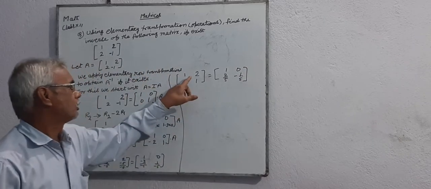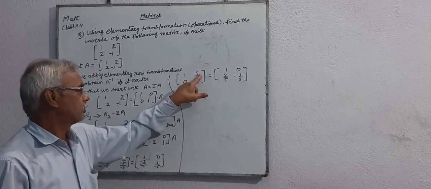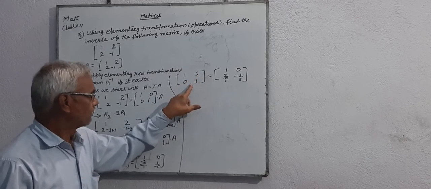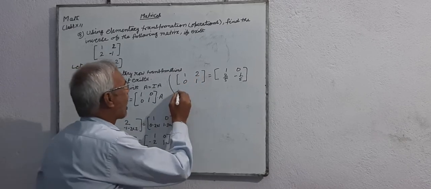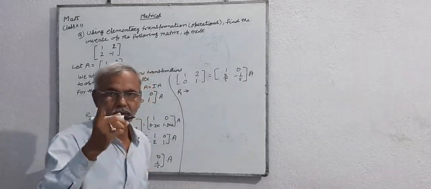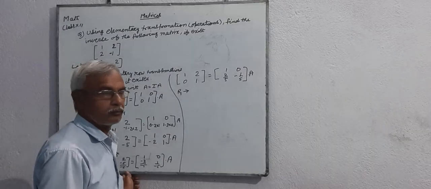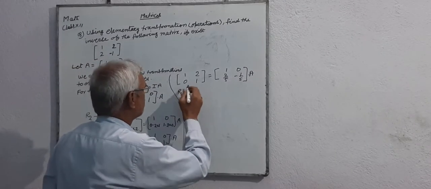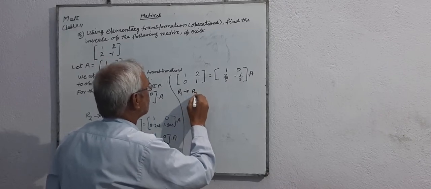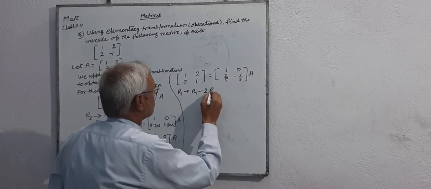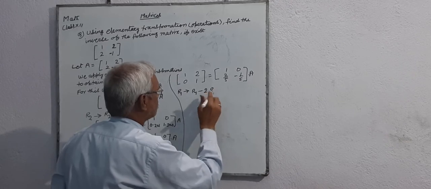Now we convert the top right into 0 using the second row. R1 becomes R1 minus 2R2.